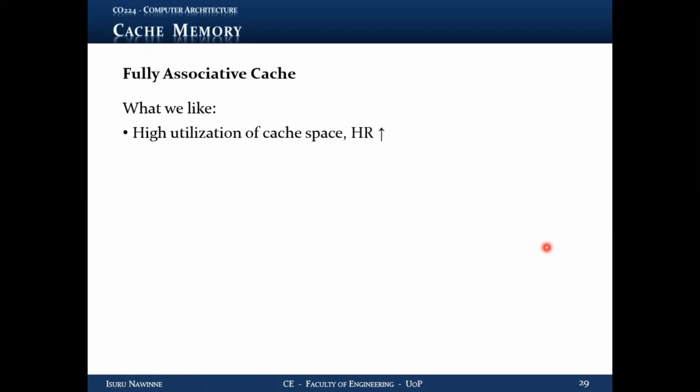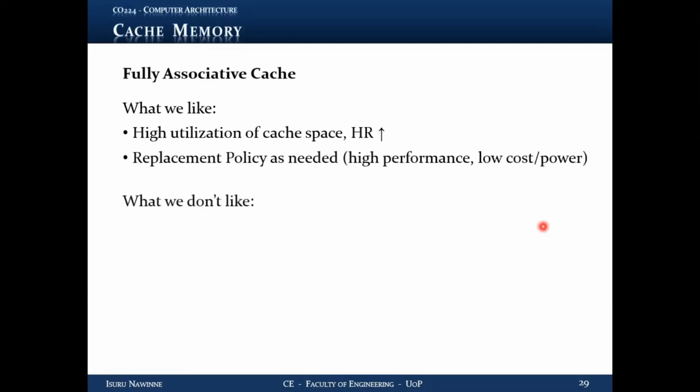In the direct mapped implementation, the utilization of cache space is not that good, because you might be throwing things out of the cache while there are empty spaces in the cache at the same time. So high utilization of space is something good, which will give us better hit rate, and you can choose the replacement policy as needed based on your application, based on what sort of computing system you're designing.